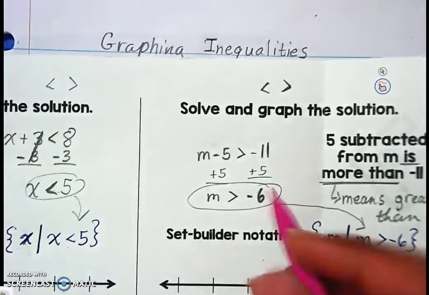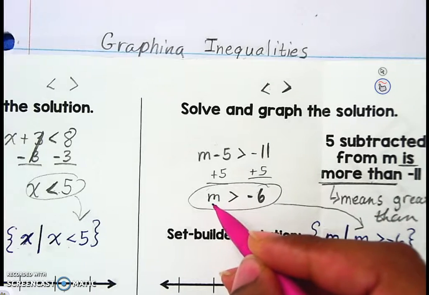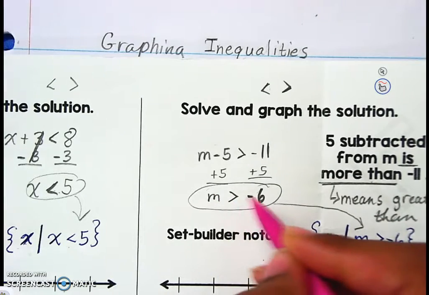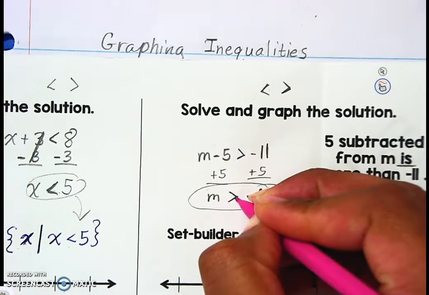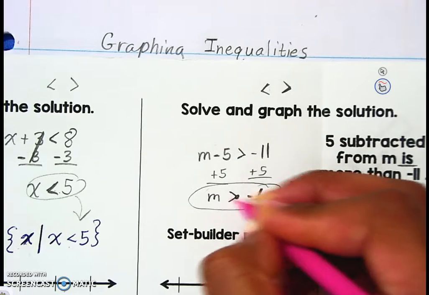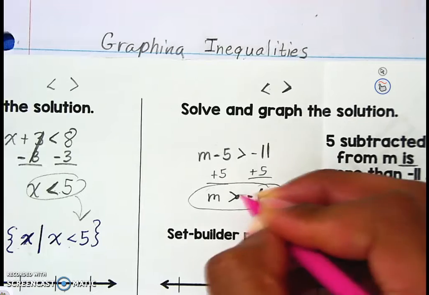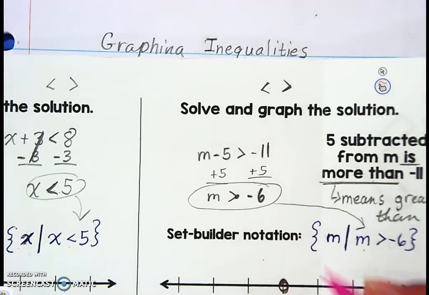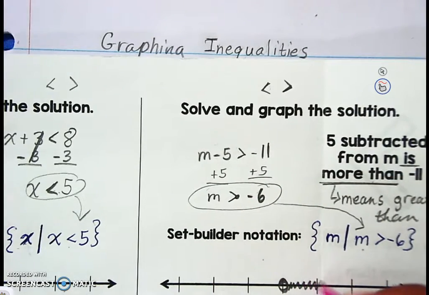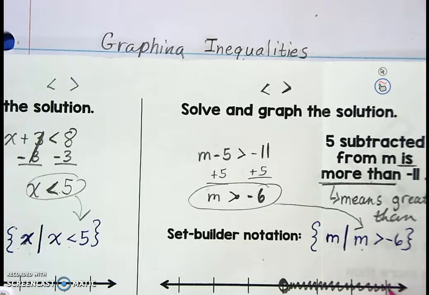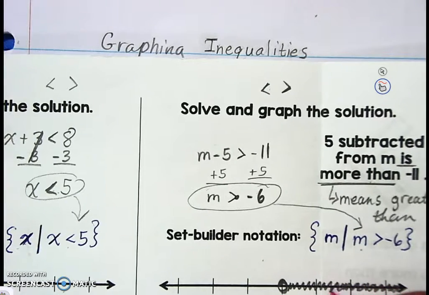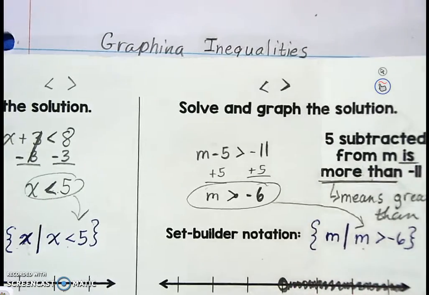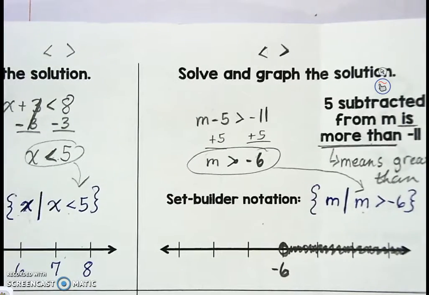And this time again, if the variable is on the left side, you shade wherever the arrow is pointing. So the arrow is pointing right here. So that means you go to the right over here. That's where it's pointing. So it means we're going to shade this side over here. So numbers that are greater than negative 6.